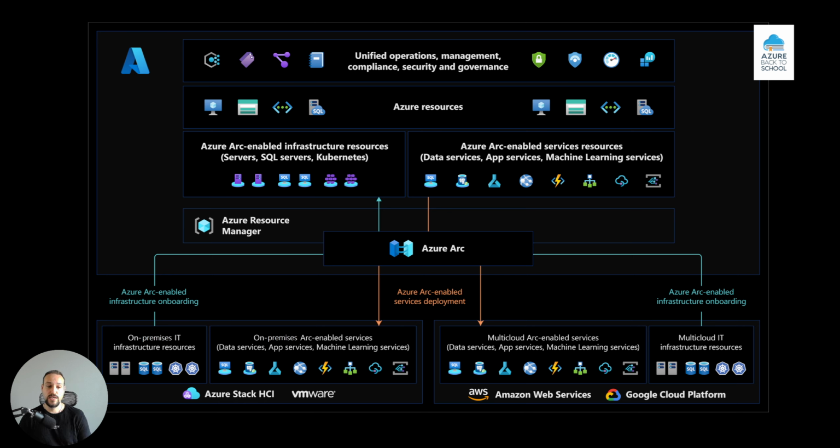Basically, you can use the great Microsoft Defender for Cloud for your on-premise resources or even other cloud resources. Deploying and managing cloud native services on your resources using Azure Arc enabled data services, app services, and machine learning is the other part of this solution.